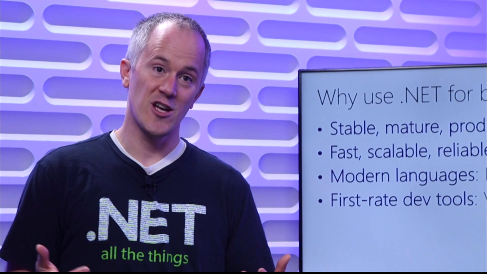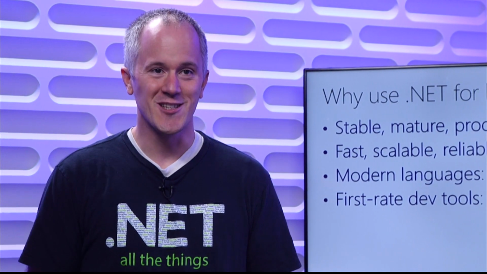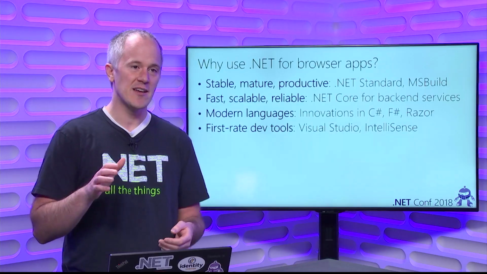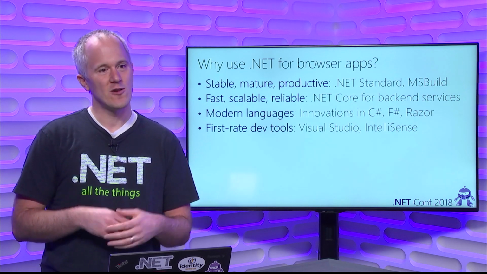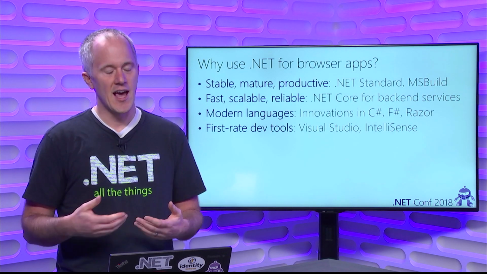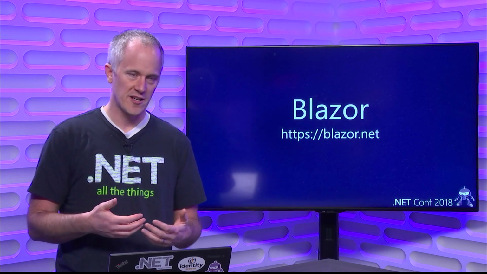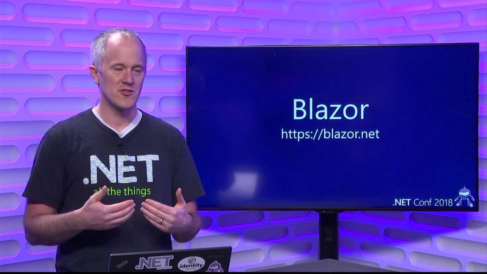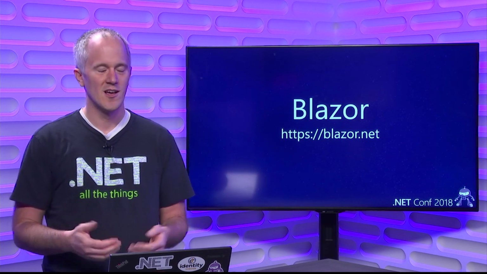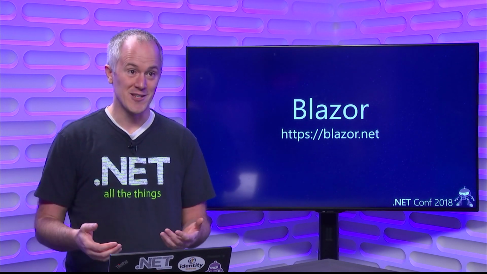Now, if you're a .NET developer, of course, you already know these things because you use .NET every day. But what this means is that by having .NET running in the browser, you can now leverage your existing skills and expertise. So we've been working on an experimental project to bring .NET to the browser so you can do full-stack web development. And we call this project Blazor.